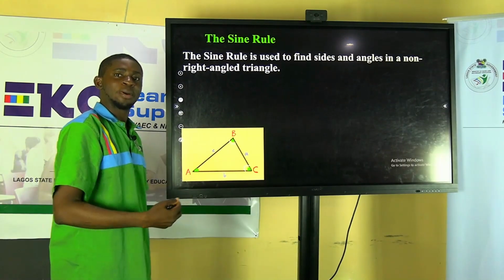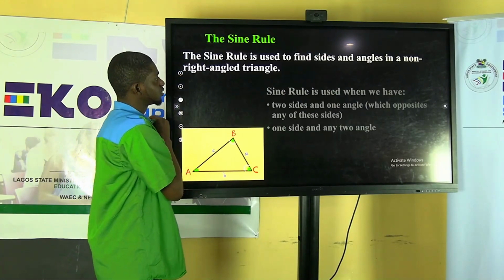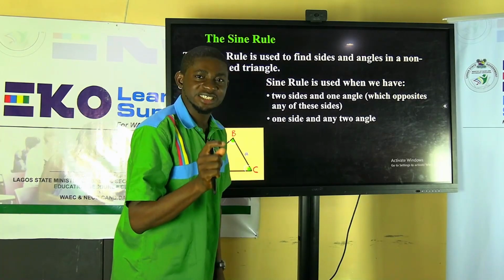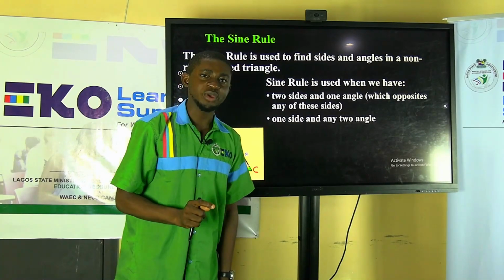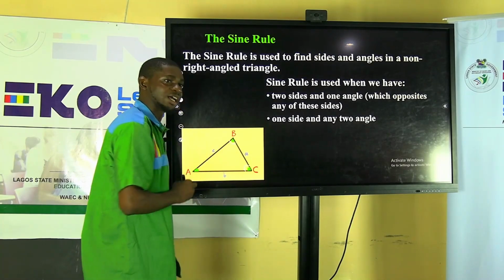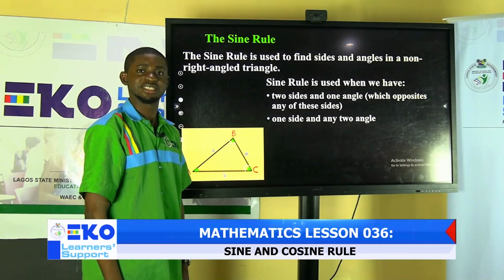So how do we combine this in sine rule? Sine rule is used when we have two sides and one angle which is opposite any of the sides. Basically, we use sine rule whenever we have one complete family, that is mother and daughter, and any of the other family members present.